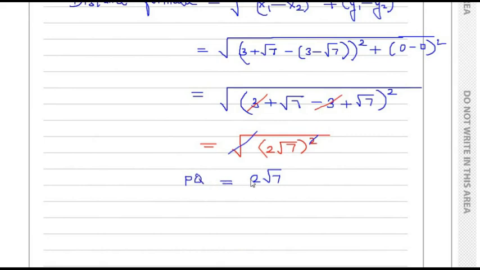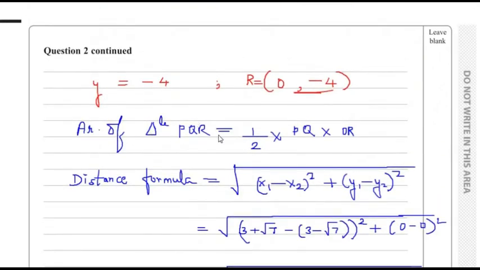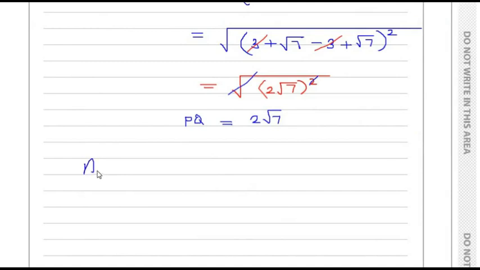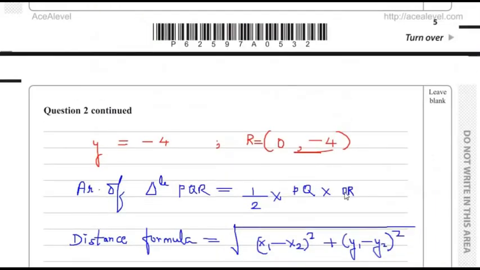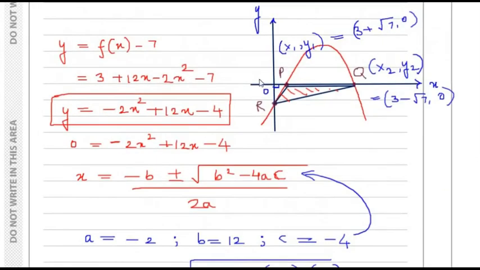Now that we have the value of PQ, we substitute into the area of triangle PQR. Area of triangle PQR is equal to half times, in place of PQ we write 2 root 7, and in place of OR, the perpendicular distance, we have for R the coordinate 0, -4.